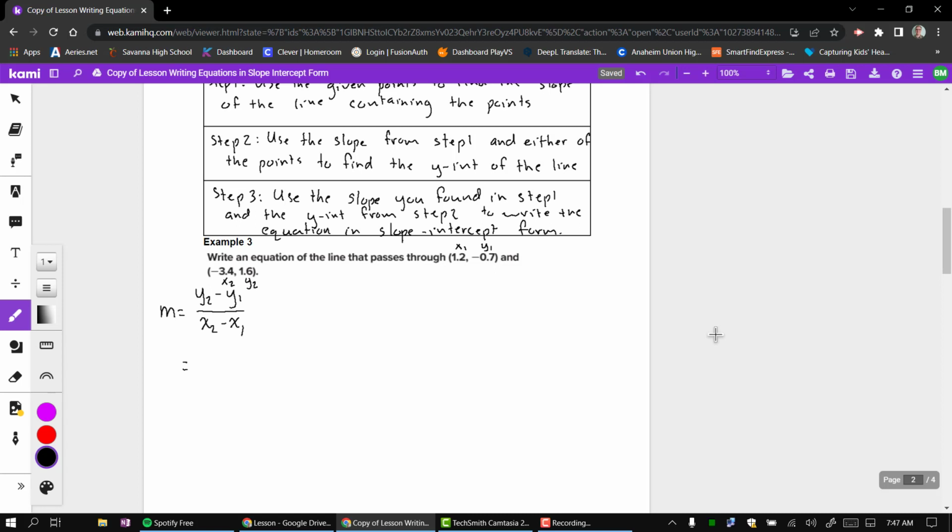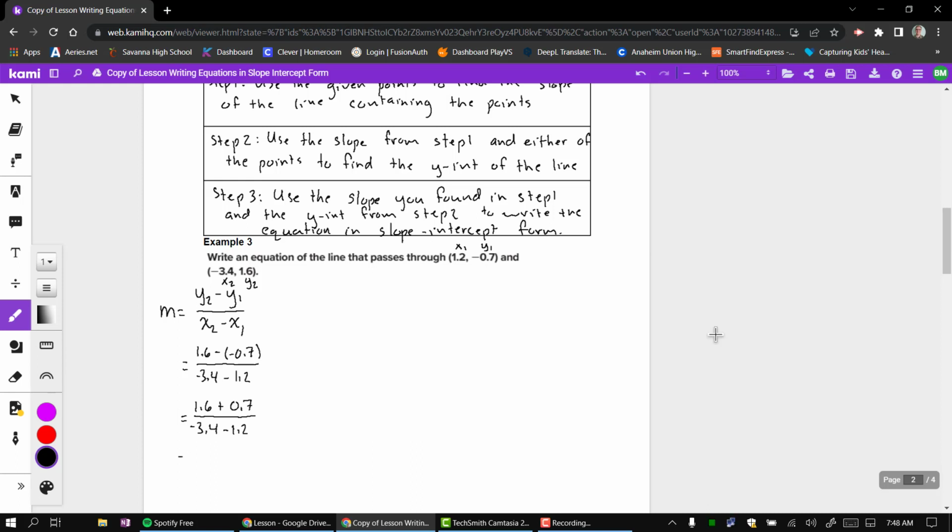So we're going to get 1.6 minus negative 0.7. And I'm going to divide that by negative 3.4 minus 1.2. So let's fix that double negative there. So that turns into 1.6 plus 0.7 divided by negative 3.4 minus 1.2.